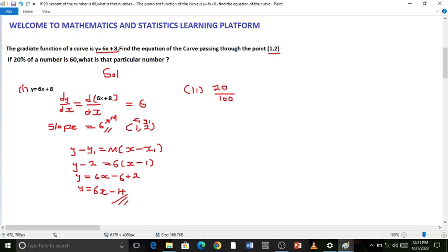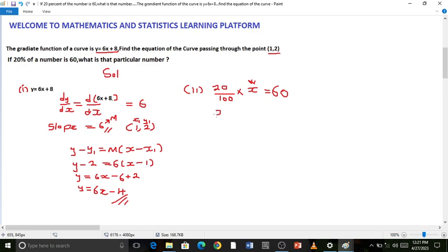Now 20% of a certain number, and we don't know that number. So we can say 20 over 100 multiplied by that number, which we'll call x, is equal to 60. So we have an equation there which we can solve.